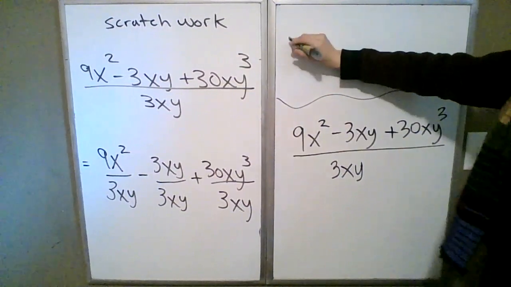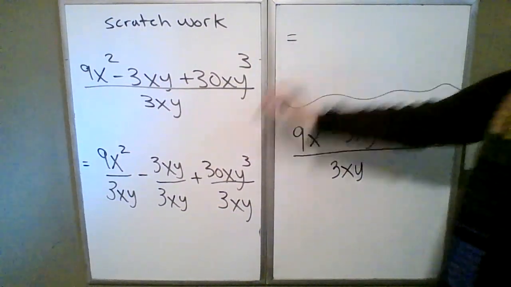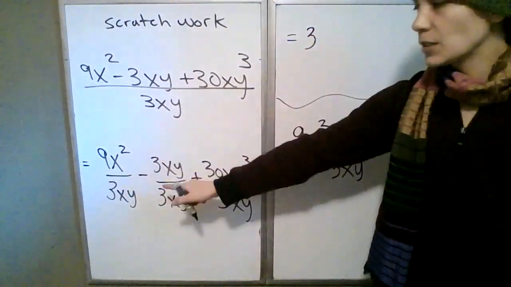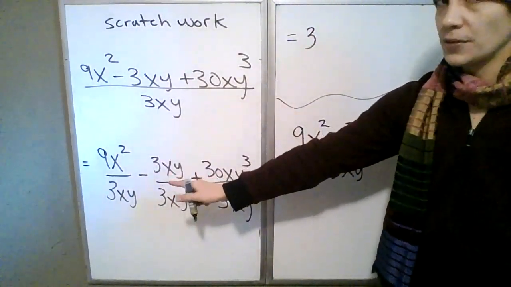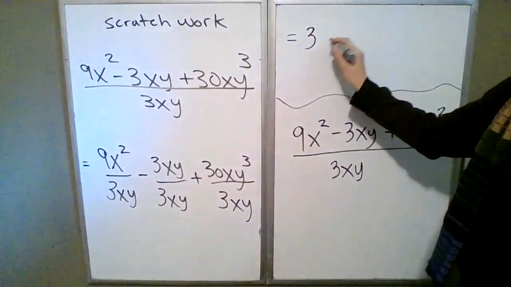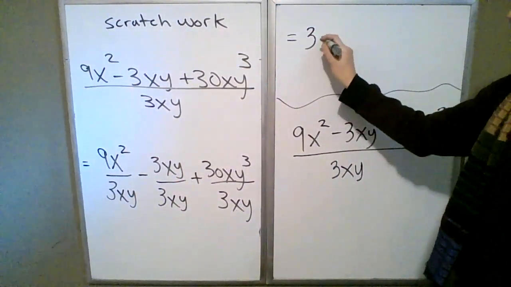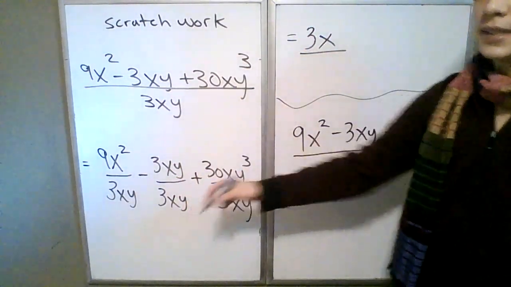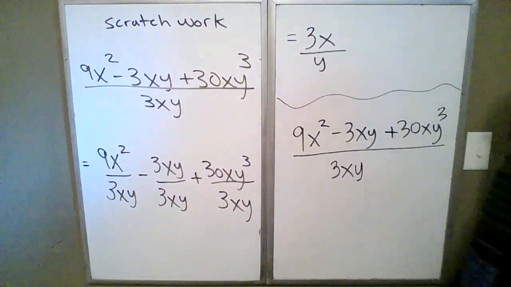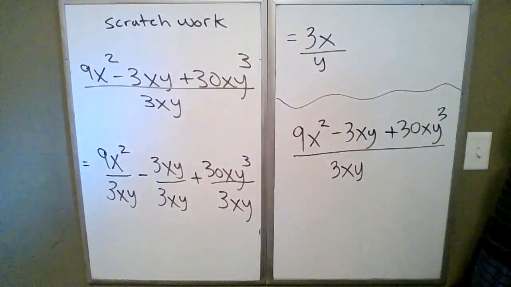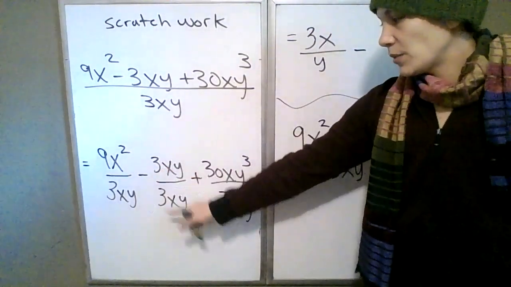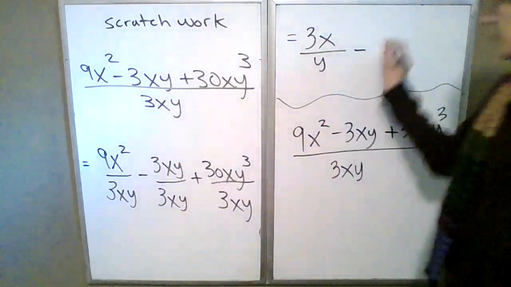Okay, so we're looking at the first term, where 9 over 3 is 3. X squared over x is going to be x to the first, and it's in the numerator. And that y stays where it is in the denominator. Okay, then there's a minus a number over itself, which is 1.